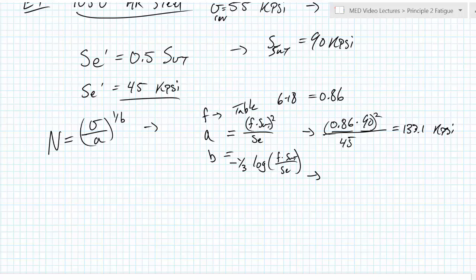Now for B, we have negative 1/3, the log of 0.86 times 90 all over 45. Or in this situation, negative, this will almost always be negative, 0.0785. So a pretty small fraction.